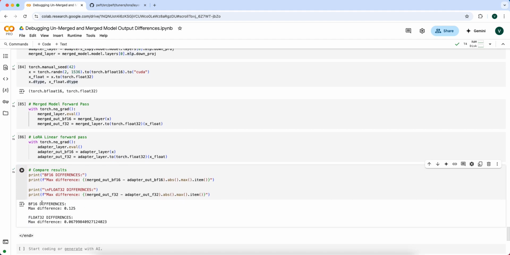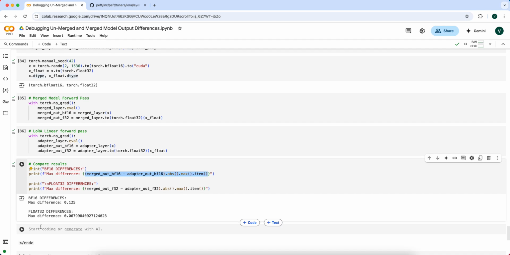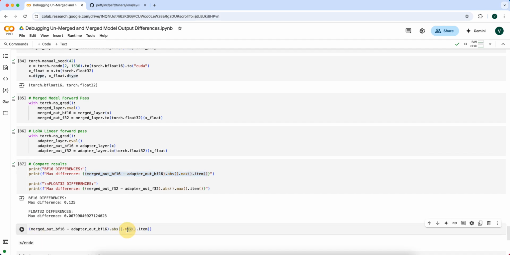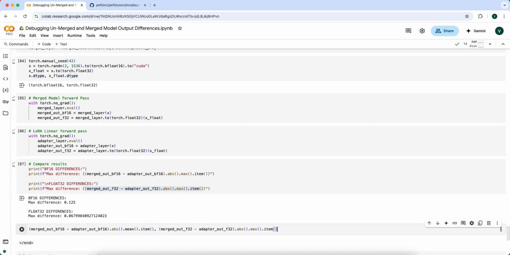So for BF16, the max difference was 0.125. For float32, it was 0.07. So, more than 10 times smaller. And while we're looking at that, let's look at the mean.